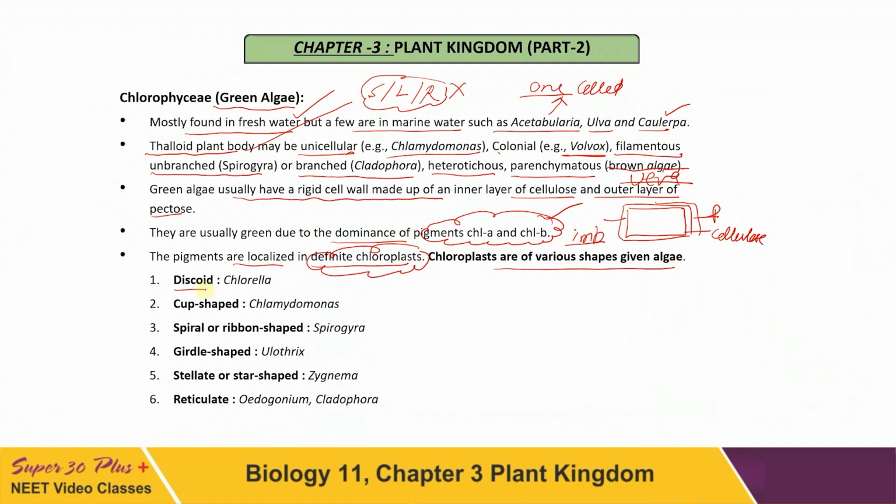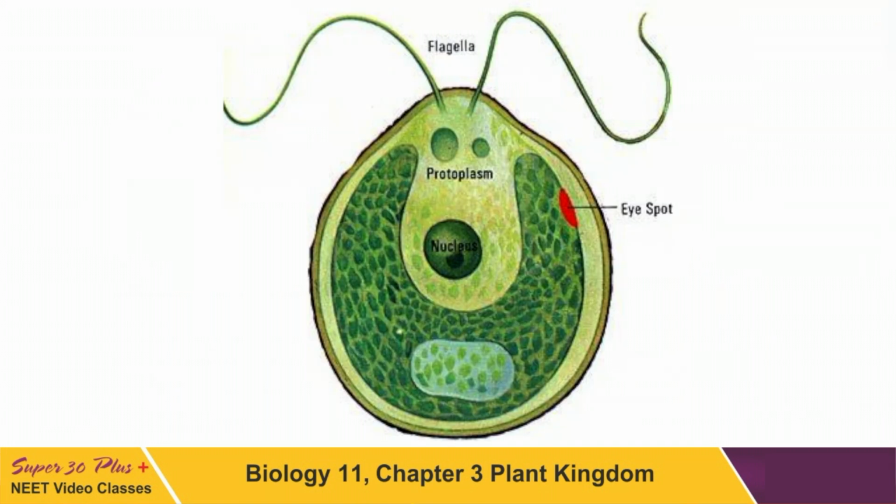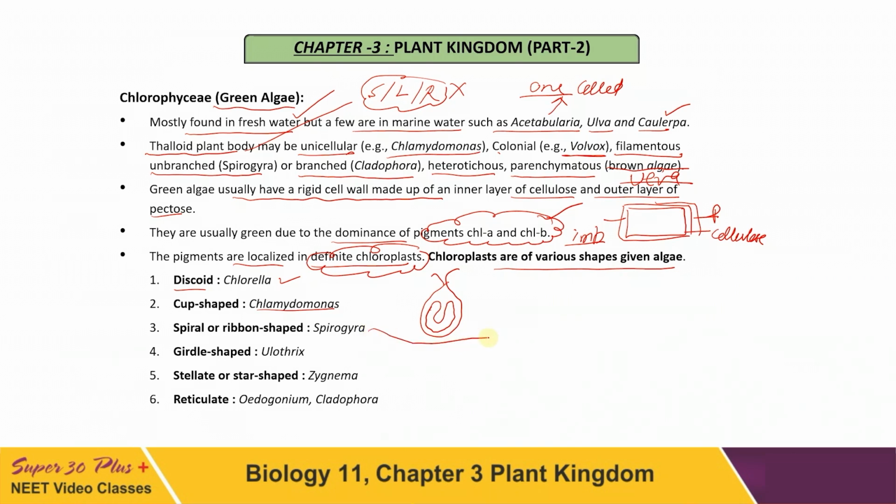That may be disc-like, as in Chara. It may be cup-shaped, like in Chlamydomonas. It may be ribbon-shaped in Spirogyra. This is Spirogyra, like this is the cell, so these chloroplasts are just ribbon-like. It may be girdle-shaped, as in case of Ulothrix.